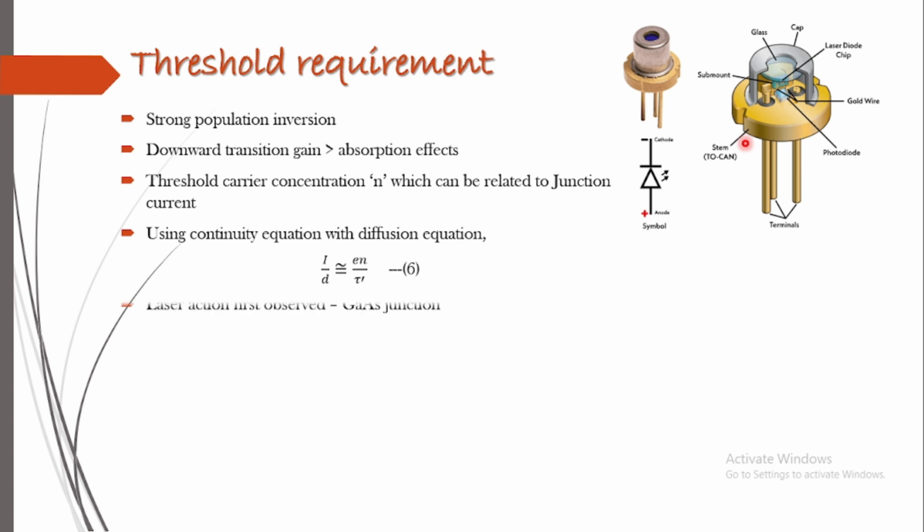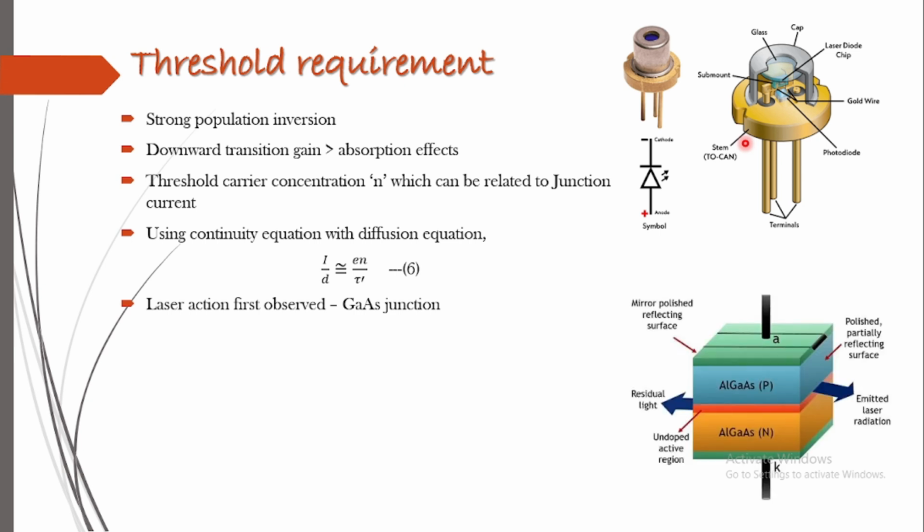So first, laser action in semiconductor was observed in gallium arsenide junction, and the laser line lies in the deep infrared region at a wavelength of 8400 angstrom at 77 Kelvin. So this was the first observation, and it corresponds quite closely to the energy gap of gallium arsenide.